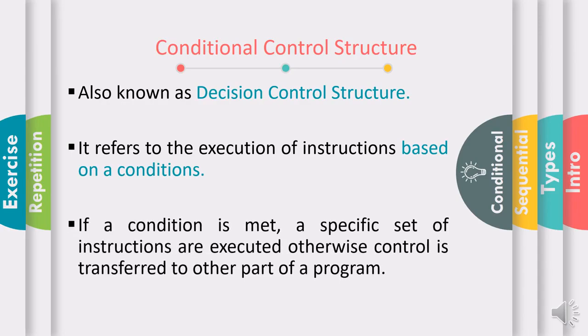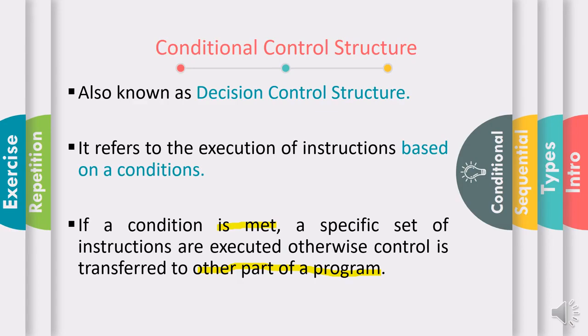If a condition is met, which means if the condition is true, then a specific set of instructions is to be executed, otherwise control is transferred to some other part of the program. It means that which part of the program is to be executed depends totally upon a specific condition.